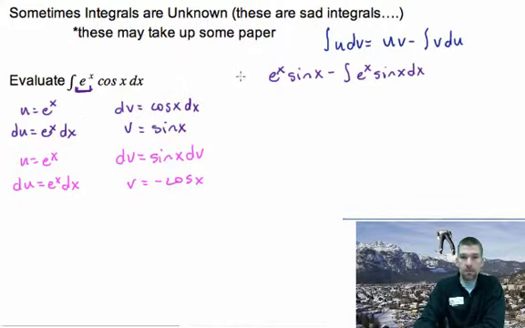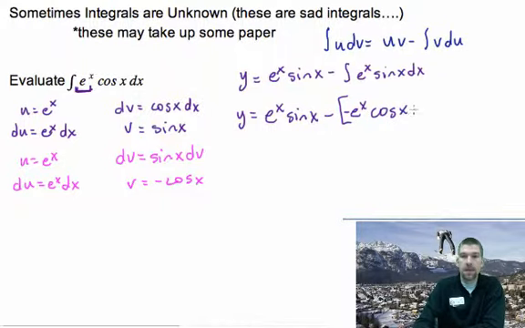So here we go. Now the integral is going to equal e to the x sine x minus, and looky right here what we've got. We need u times v, so that's going to be negative e to the x cosine x, minus the integral of v du.